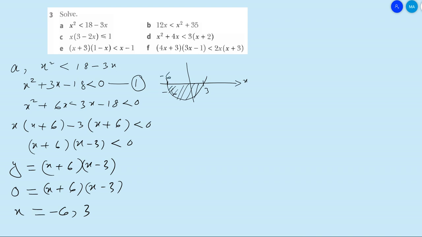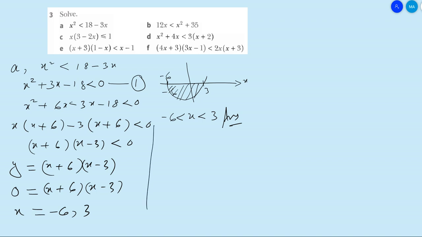From this theory, you can say x is greater than minus 6 and less than 3. Don't put an equal sign because there is no equal sign in the question. So therefore, there should not be an equal sign in the answer. So our final answer is minus 6 less than x less than 3. Or you can say the values of x range from greater than minus 6 to less than 3.